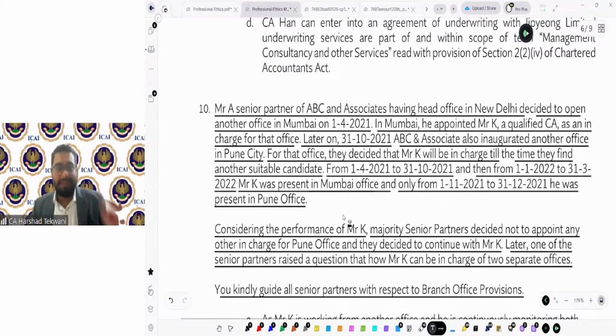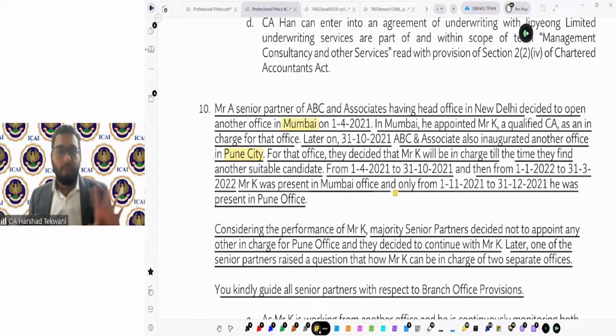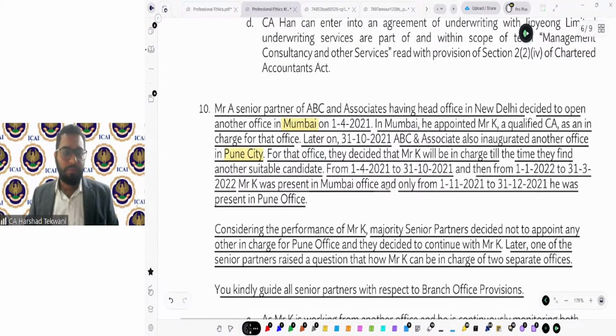Now, this is a scenario that one office was in Mumbai, another office is in Pune, different city. And by default, the distance between both of the offices, Mumbai and Pune, is near to 160 or 170 kilometers, but it's more than 50 kilometers.